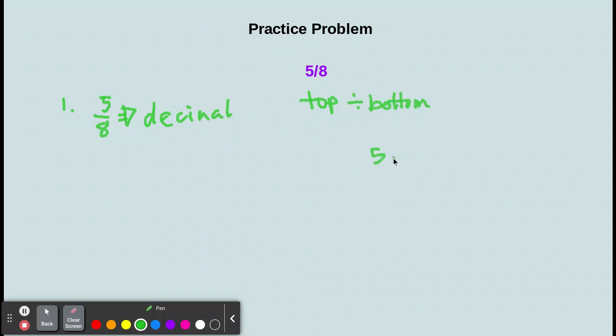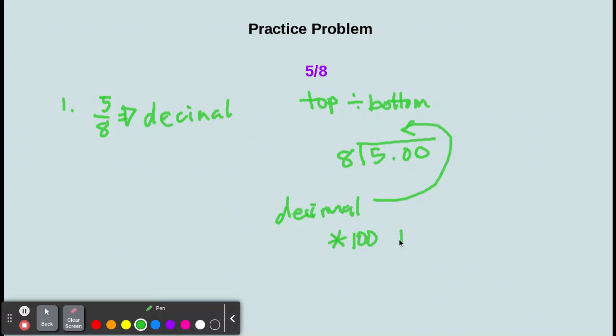Meaning top goes in the box and the bottom goes on the outside. So once you divide that out and you get a decimal as your answer up here, we then multiply that decimal times 100 and add the percent sign. Okay, and that is it for 6.1.